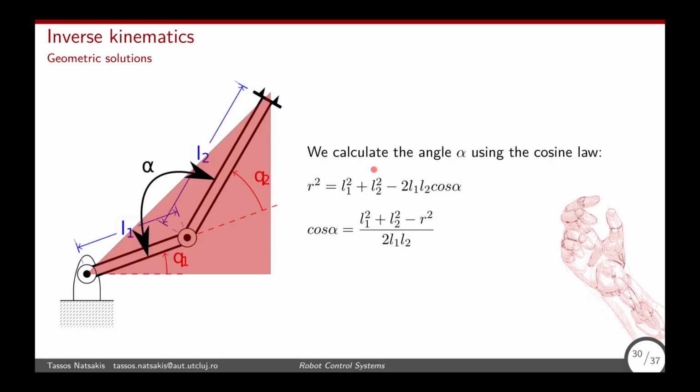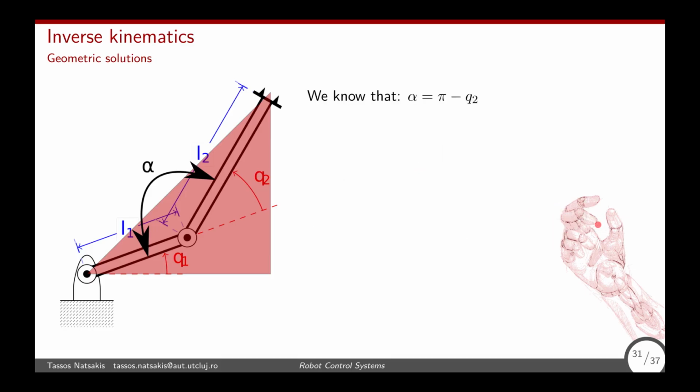So this basically tells me that A is this term here. So I have to solve for A. And what is A? This is basically r squared, which we saw is x squared plus y squared, minus this. A is pi minus q2, because they're complementary: A plus q2 equals pi.